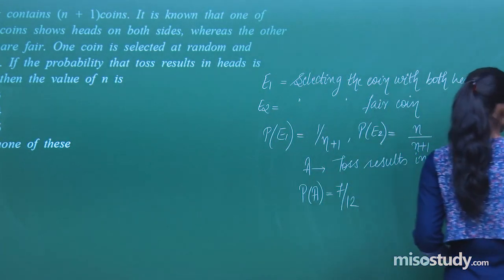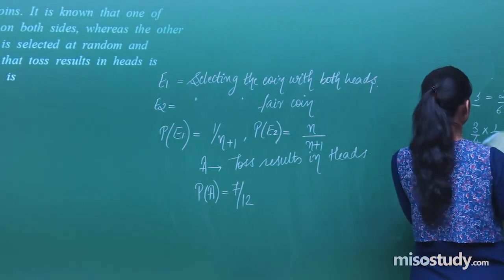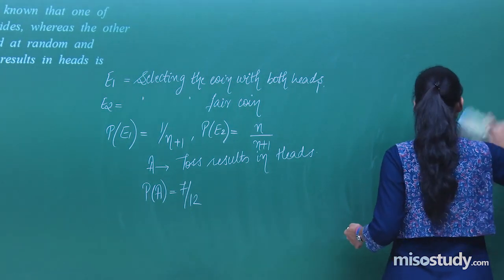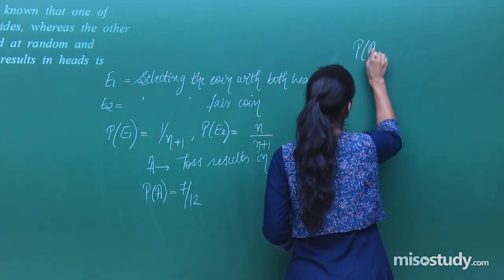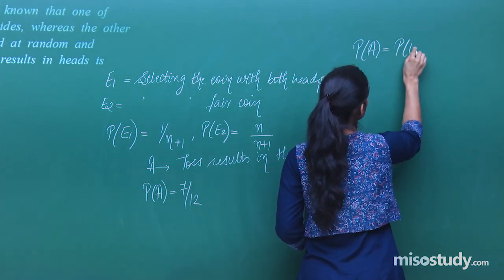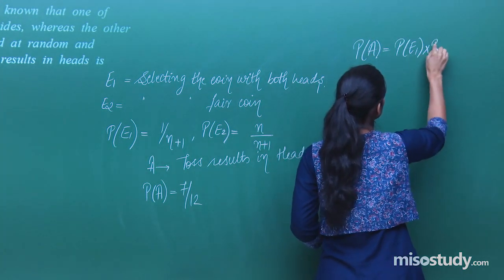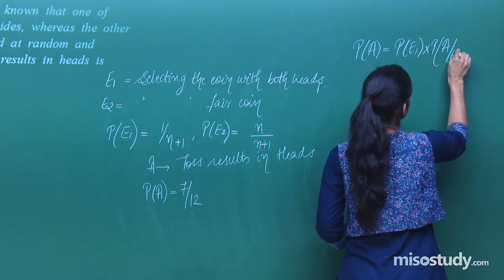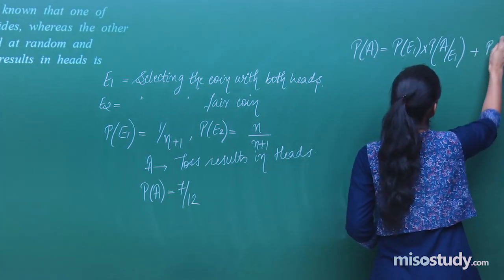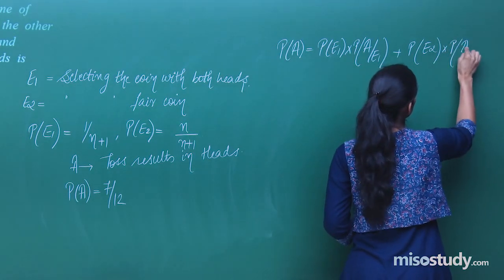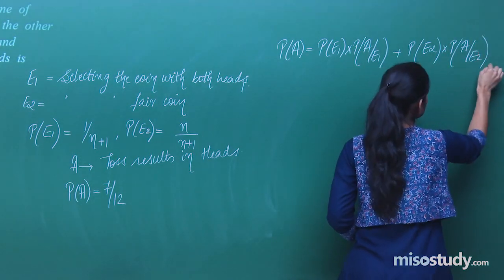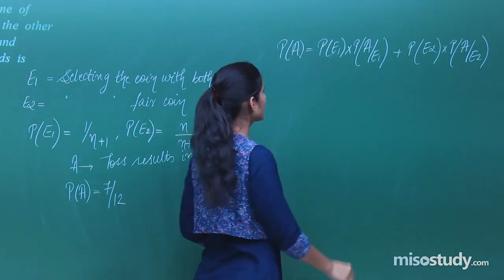And what do you get? According to total probability, probability of A is probability of the first source into probability of happening of event A from the first source plus probability of second source into probability of happening of event A from the second source.